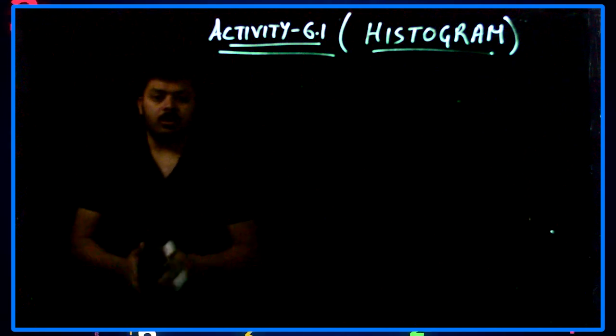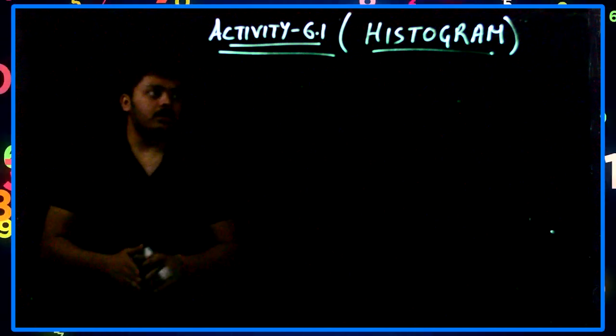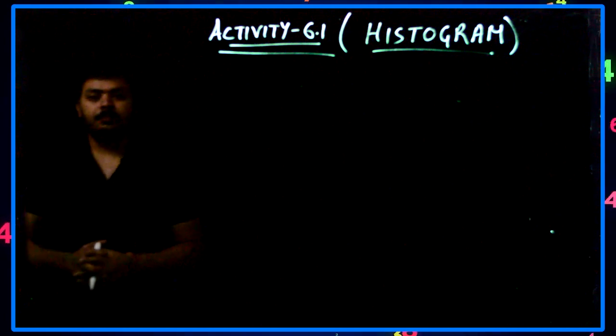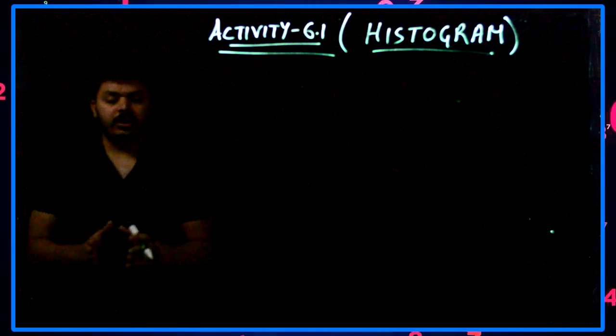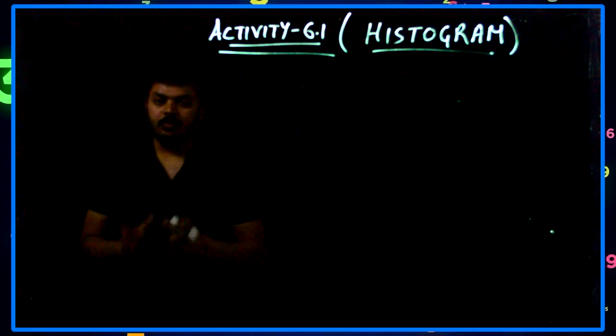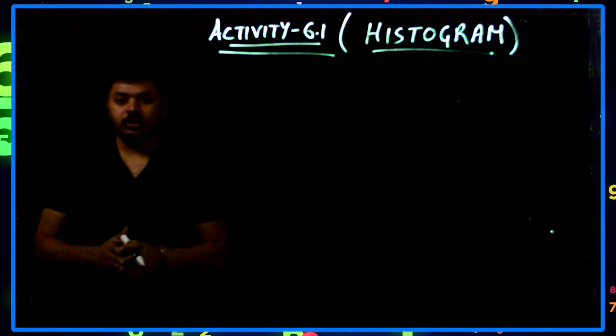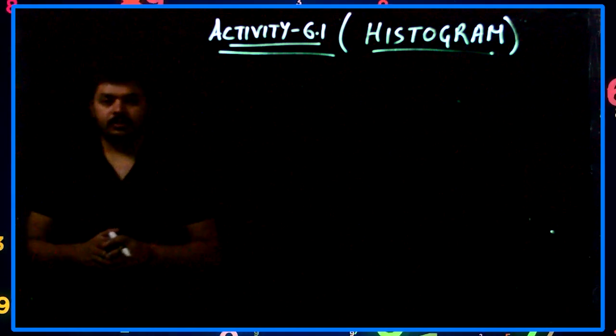So students, now let's start activity 6.1 histogram. Before, we must know that when drawing a histogram of equal width, we must make sure that the areas of the rectangles are in proportion with class frequencies.